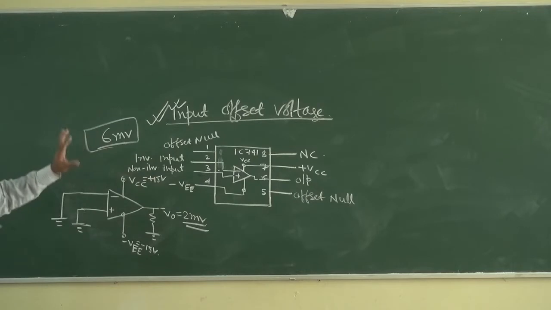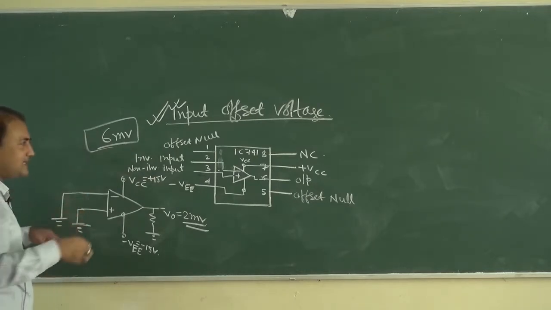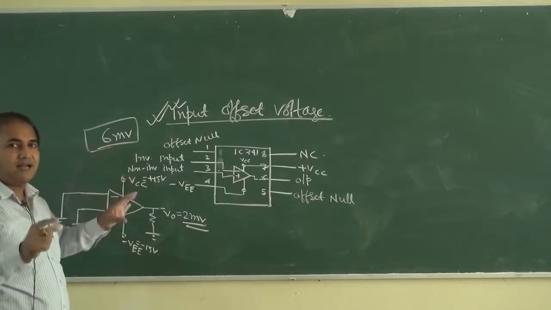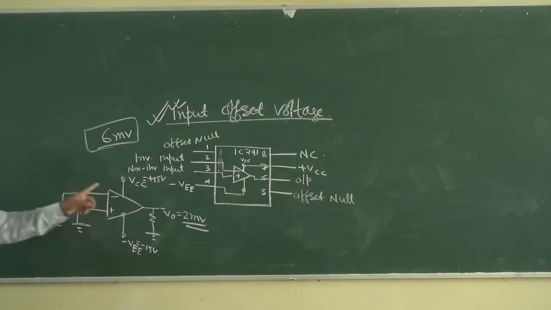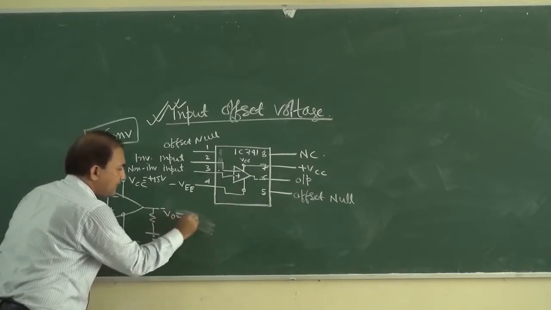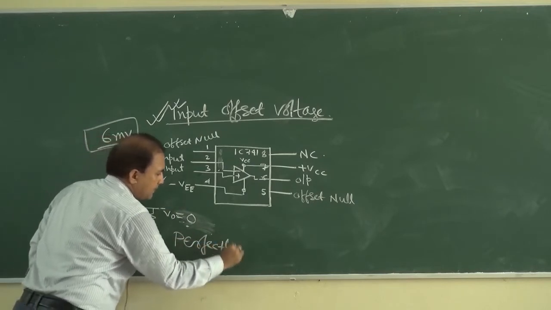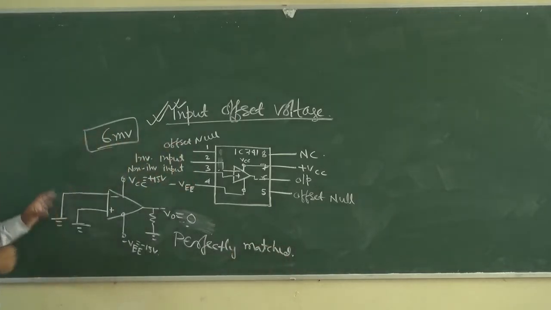We have seen the ideal case of an operational amplifier that is perfectly matched. If the operational amplifier is perfectly matched, then V output will be equal to 0.